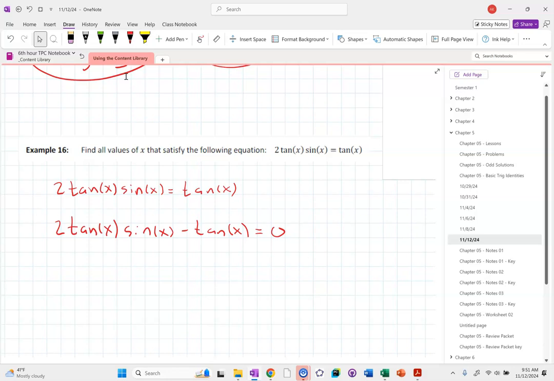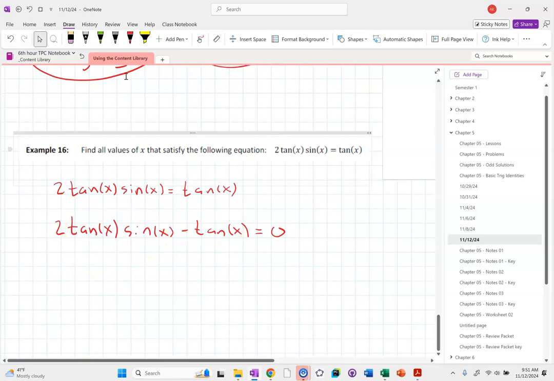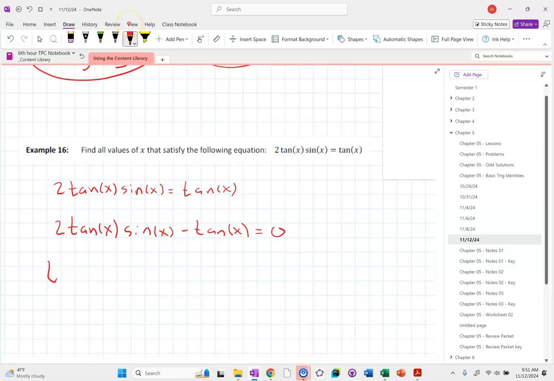Least common multiple is the other type of factoring. So if I look at this term and I look at this term, is there anything in common between them? What is in common? Tan x. So I'll factor a tan x out. What does that first term become when I factor the tan x out of it? So what does this become?